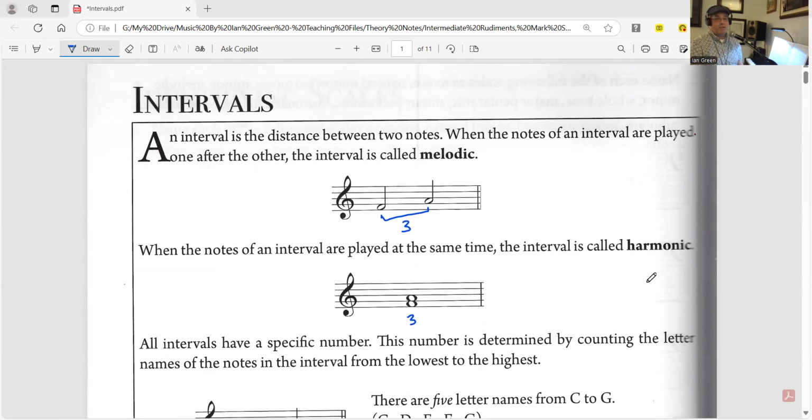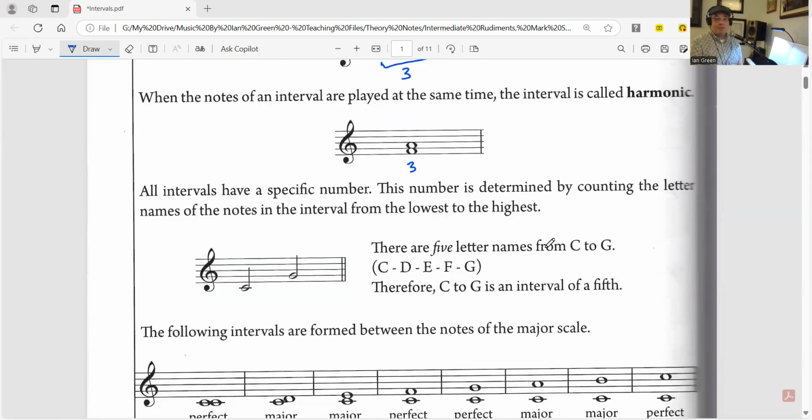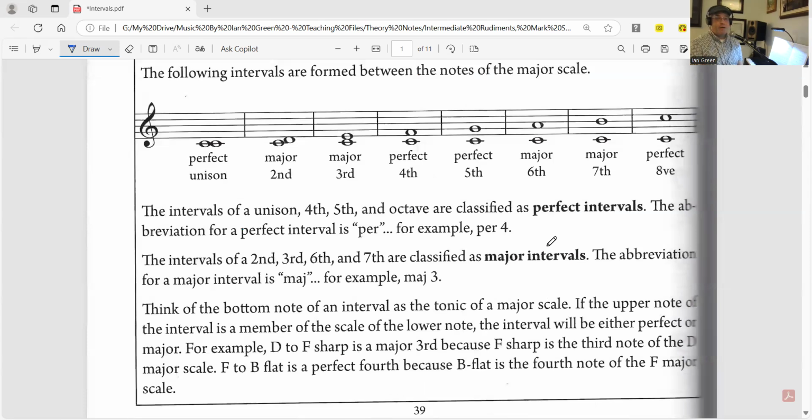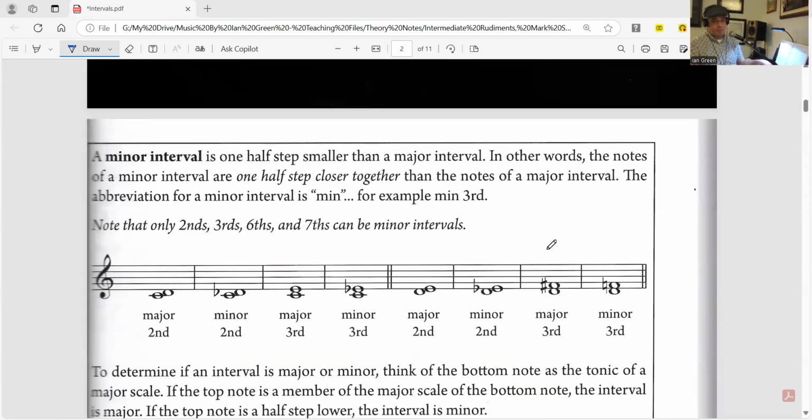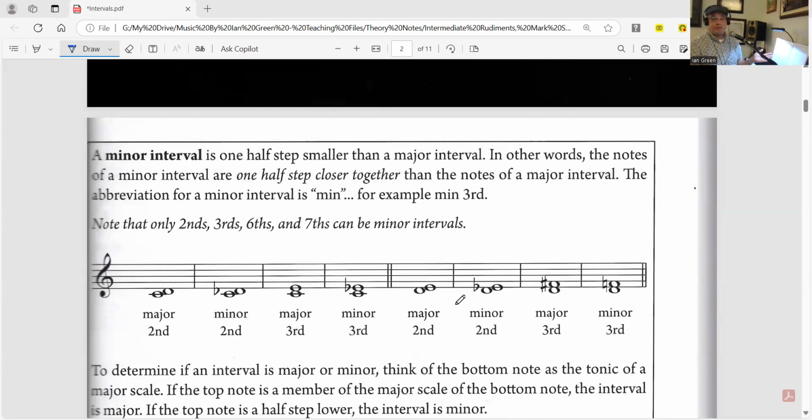A melodic interval is played by having one note played and then the next note played separately, and a harmonic interval is when you have two notes played at the same time. We also talked about how the perfect and major intervals are the different types of intervals that are used in a major scale.